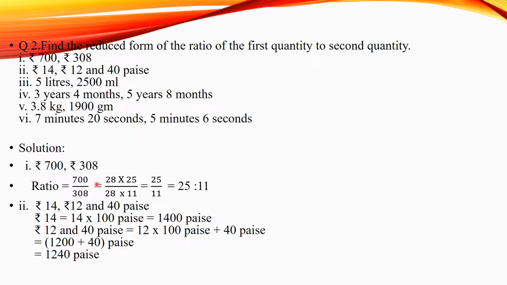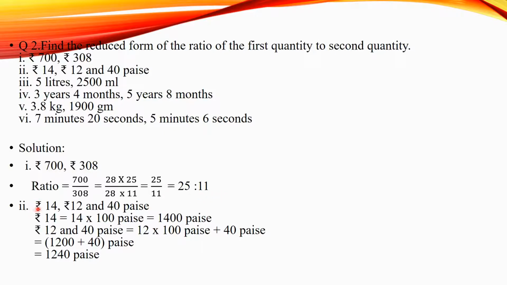So here 700 can be written as 28 multiplied by 25 and 308 can be written as 28 multiplied by 11. So cancelling 28 from numerator and denominator, we get 25 upon 11. So the ratio is 25 is to 11.